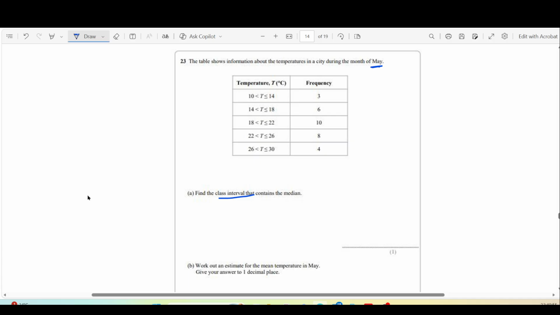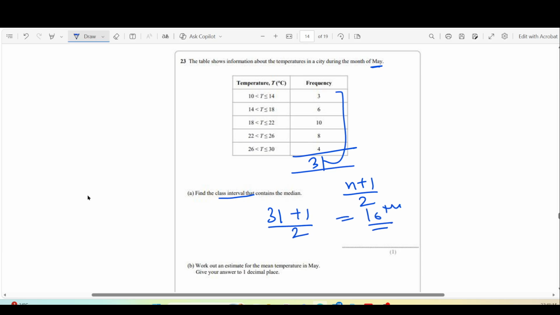Total means just add all of these. If we add them, we get a total of 31. So the median is the n plus 1 over 2. 31 is n here, 31 plus 1 divided by 2, which is the 16th value. So the 16th value is my median.